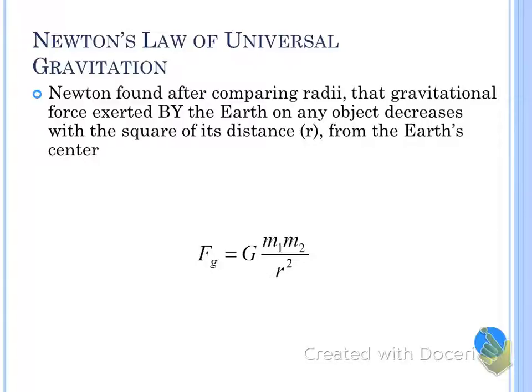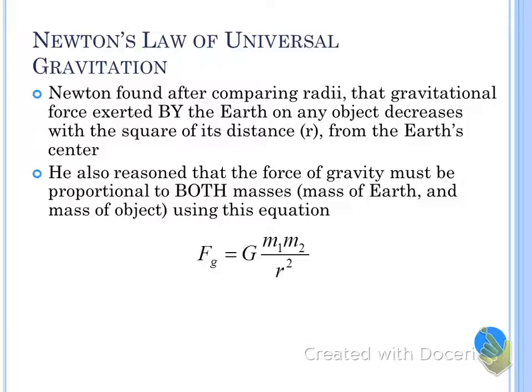After comparing the radius of the Earth's surface and looking at how far away objects are from the Earth, he was able to derive a couple of these equations. He looked at the radius between two objects, and when we say the radius, we're realistically looking at the distance between the centers of two objects.